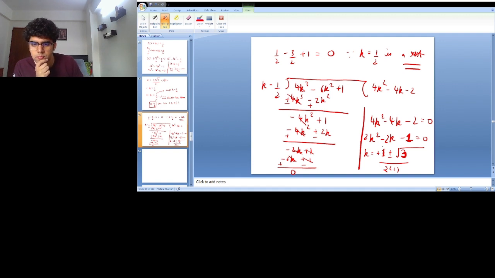If I take just 2 common from here, so minus b plus minus, this becomes plus 2 plus minus, so this becomes 4 into b square minus 4ac, right? 4 minus 4 into 2, 4 minus 4 into 2, 8 into 1.